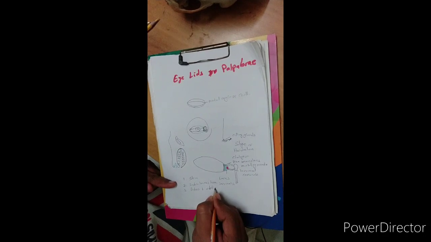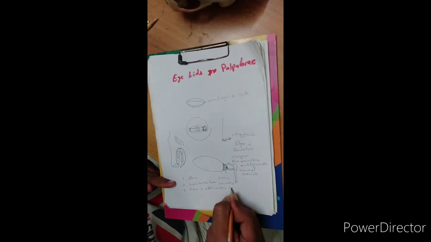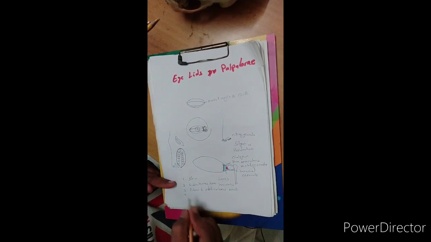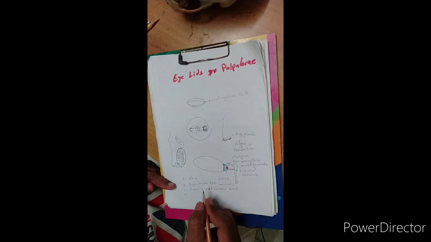Then the submuscular tissue, the small tissue deep to the orbicularis oculi, which we will include here.